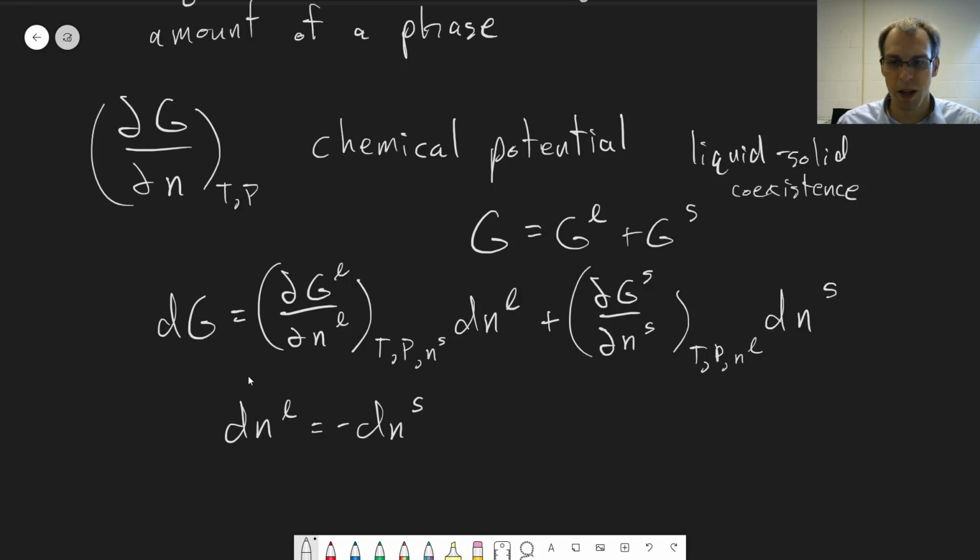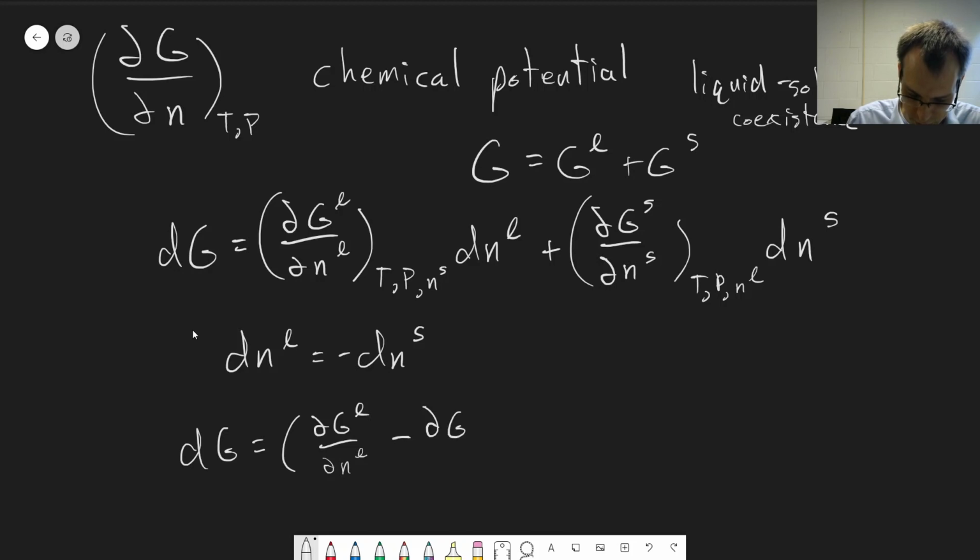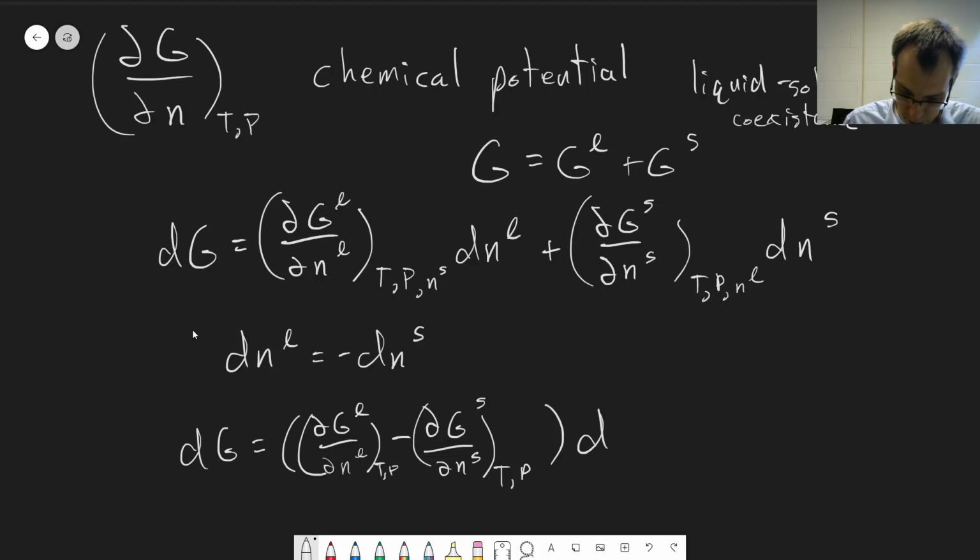So that means we can rewrite this as dG is equal to a difference in these partial derivatives, (∂G_L/∂N_L) minus (∂G_S/∂N_S), at constant temperature and pressure, times dNL.